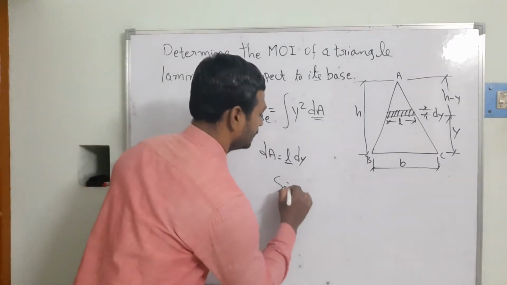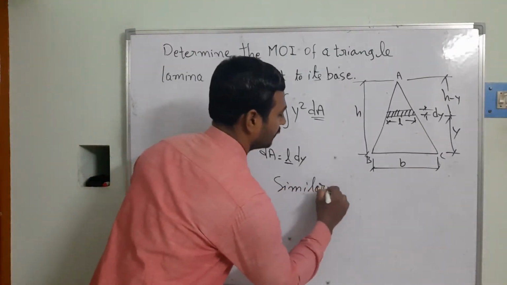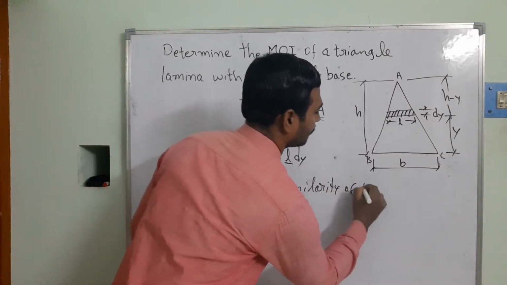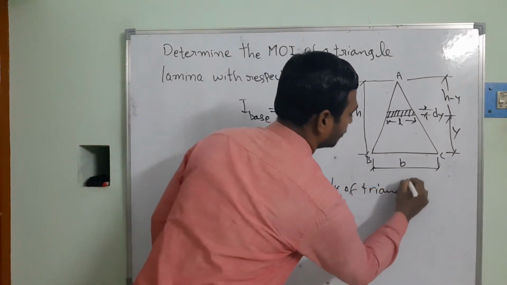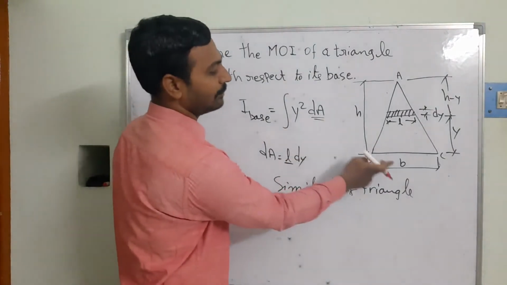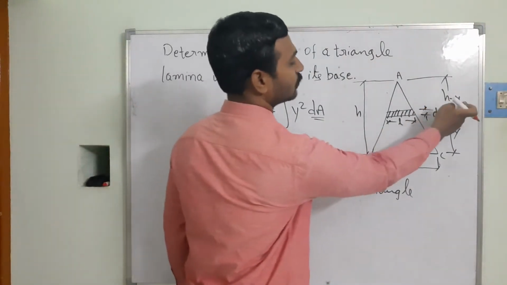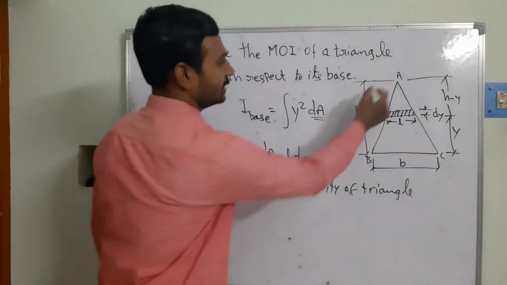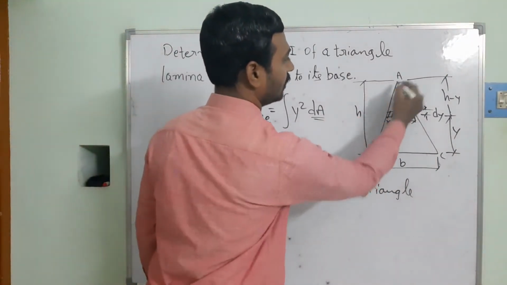From the similarity of triangles, h by b is equal to h minus y by L. There we can see this is one triangle and this is another triangle.